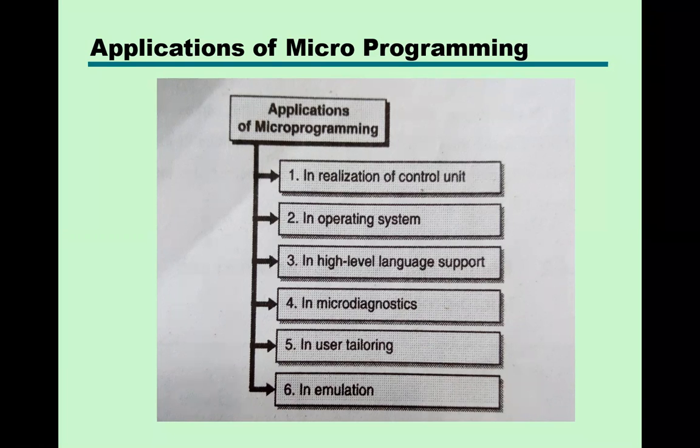These operations are executed by microinstructions, by microprogramming. This simplifies operating system implementation and also improves its performance. To improve operating system performance, you will find microprogramming used in many places.